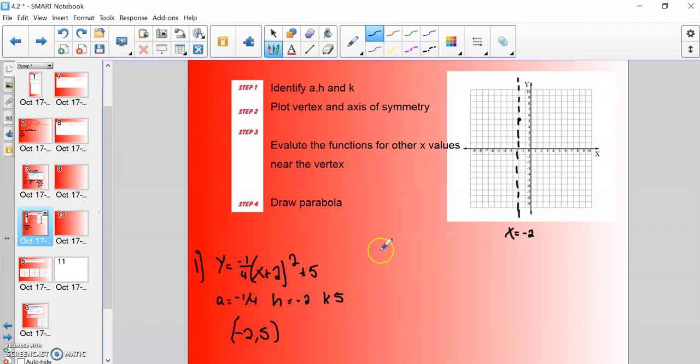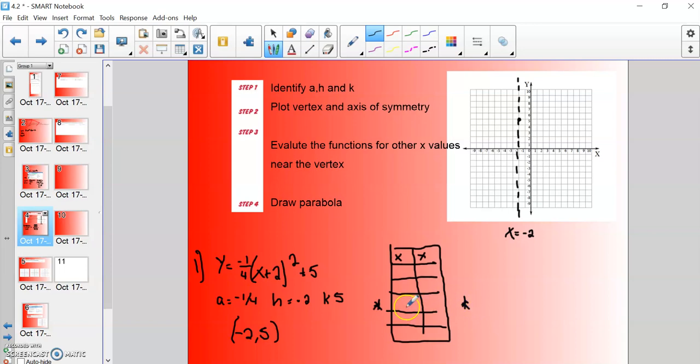Step 3, evaluate the functions for other x values near the vertex. This is sort of what you did yesterday. If we create a table of values, x, y, let's do 5 total. So 1, 2, 3, 4, 5. I always put the vertex in the middle. So negative 2, 5.